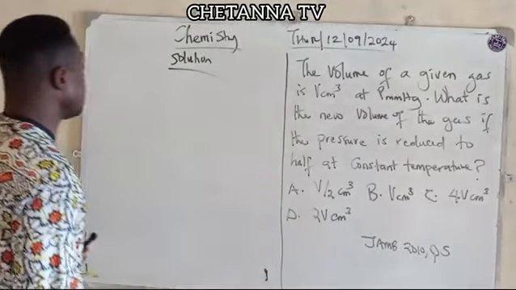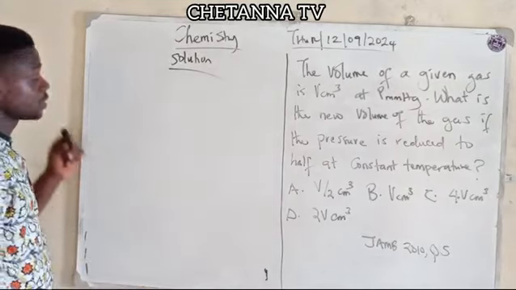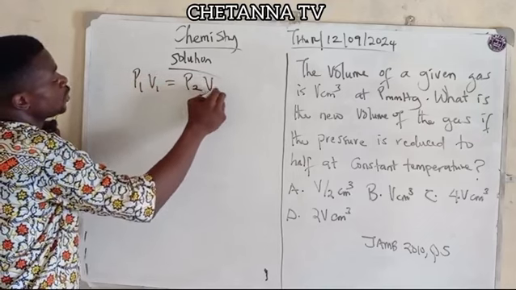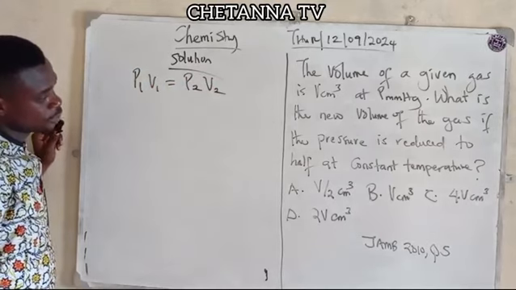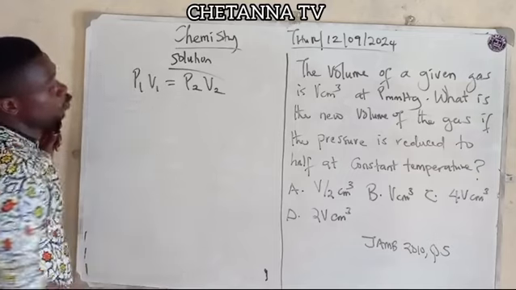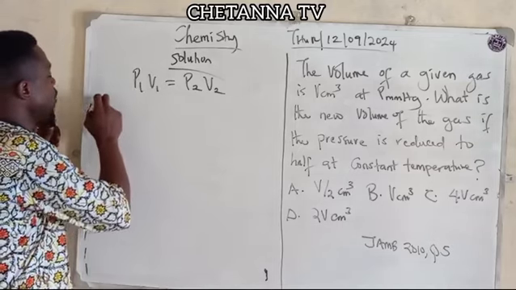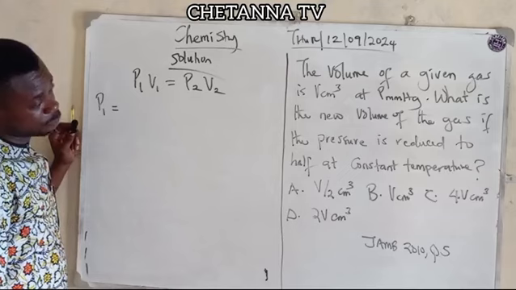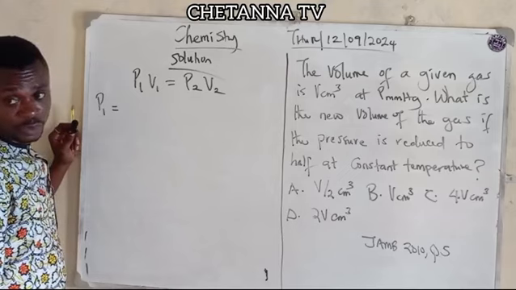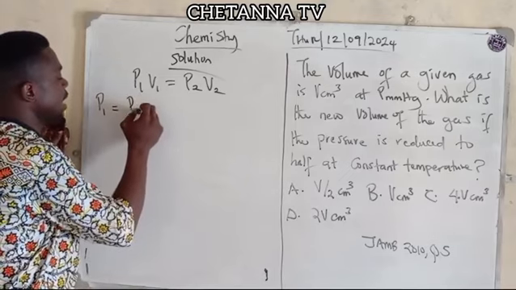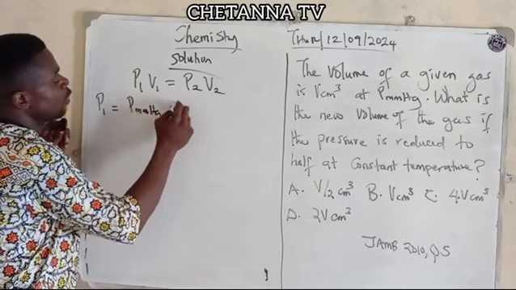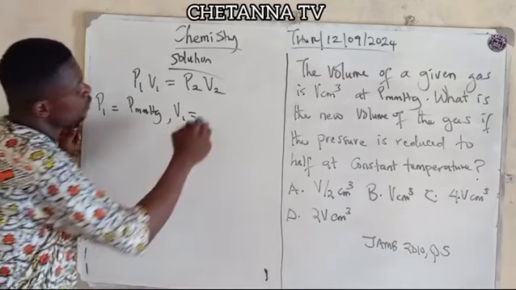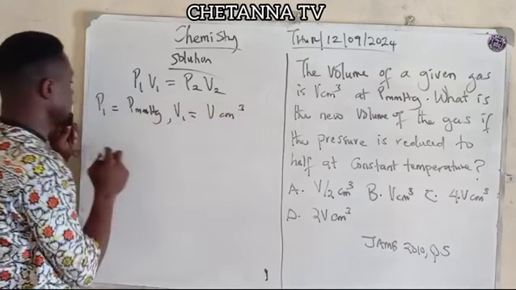Now, as usual, we go to the equation. P1 V1 is equal to P2 V2, right? Good. P1 from the question is P millimeter mercury. V1 is V cm³.